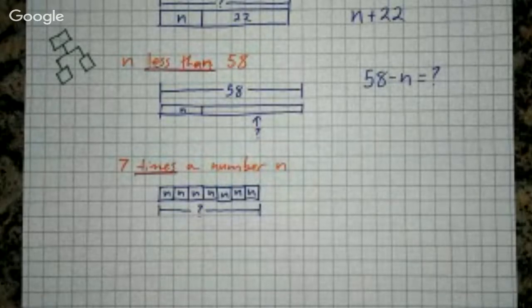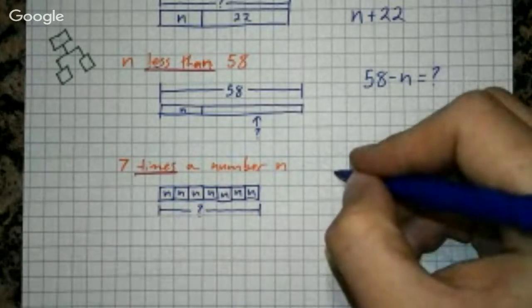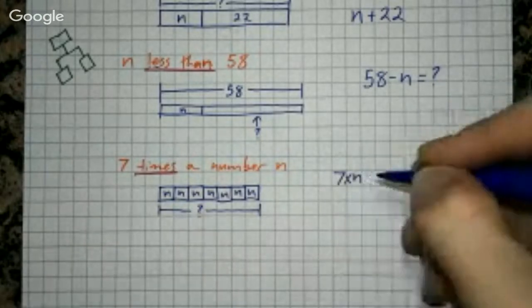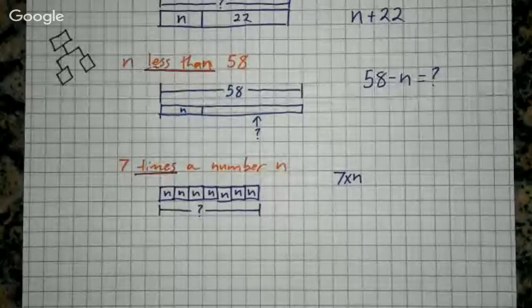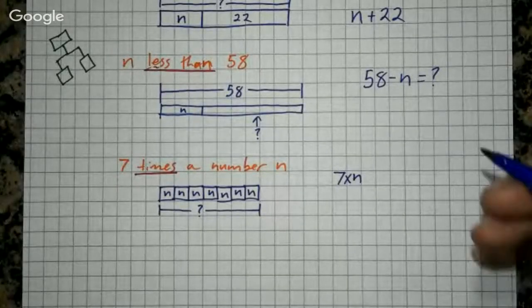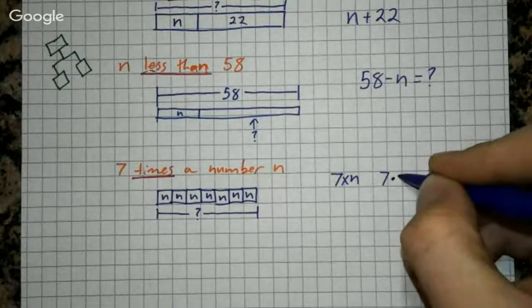Now in this one, there's several different ways we can write this. Yes, the simplest one, the one that we probably learned the earliest, is 7 times n. But when it comes to variables, there's other ways to show multiplication. So we have 7 times n. There's also 7 dot n.